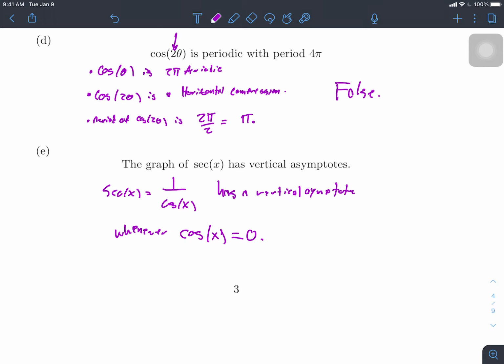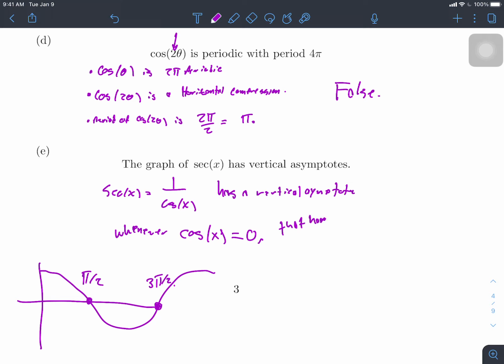We can ask ourselves whether that happens, and it certainly does. You can just look at the graph of cosine x. It passes through the x-axis at the points pi over 2 and 3 pi over 2. So that happens for many values of x.